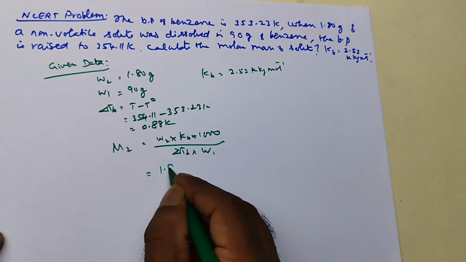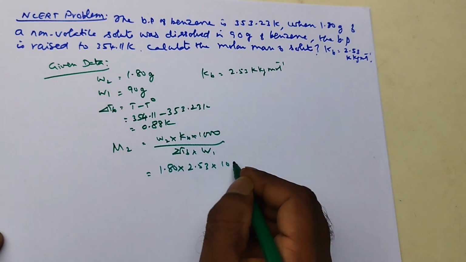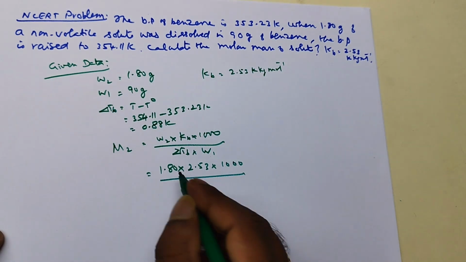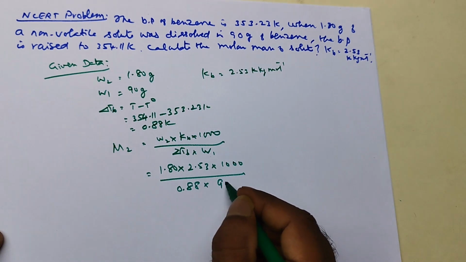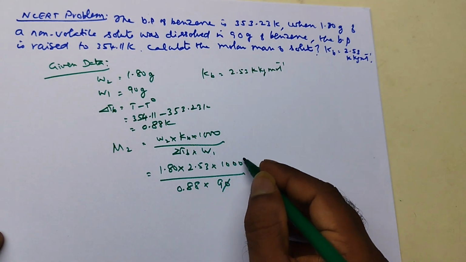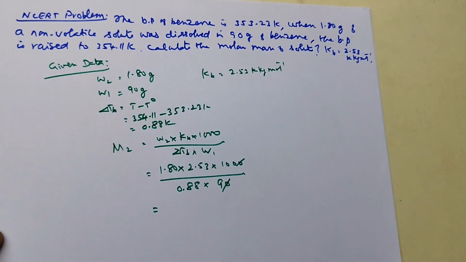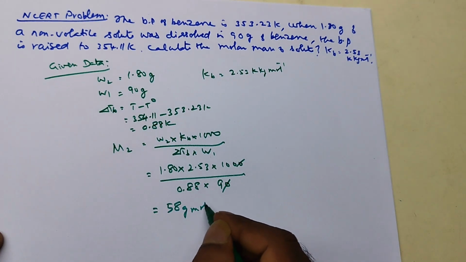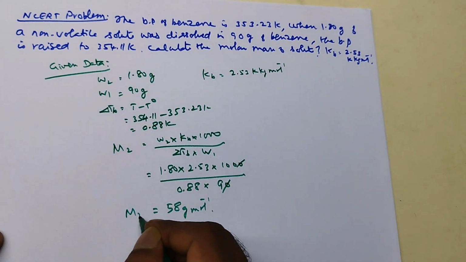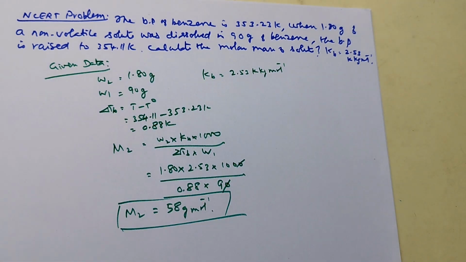W2 is given as 1.80, Kb is given 2.53 into 1000, divided by delta TB, which is 0.88, into W1, which is 90. If we simplify all these things, we can get the value of 58 gram per mole. That is the molar mass of the solute. So with direct substitutions, we can easily find it out.